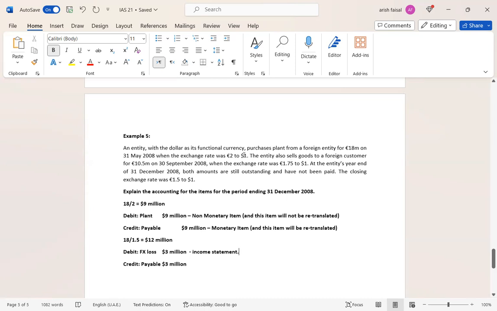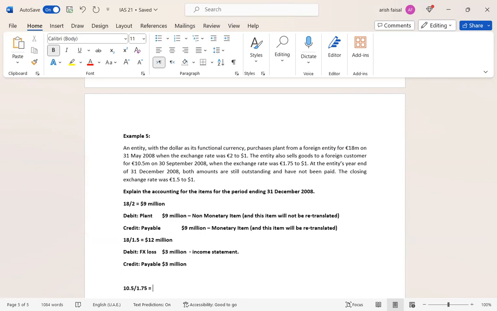However, in the same example, you have another question where you are a seller and you have sold some goods to a foreign customer for 10.5 million euro. So basically, you charge in dollars, but they are in euros. At that date, the rate was 1.75. So what you're going to do is 10.5 divided by 1.75.